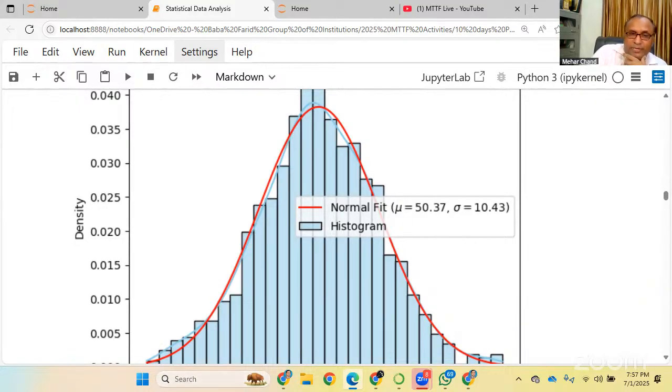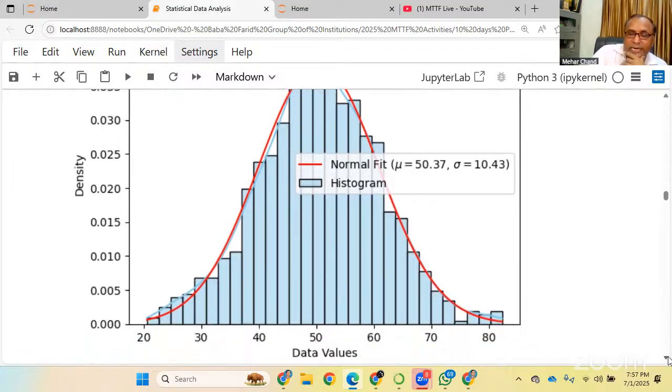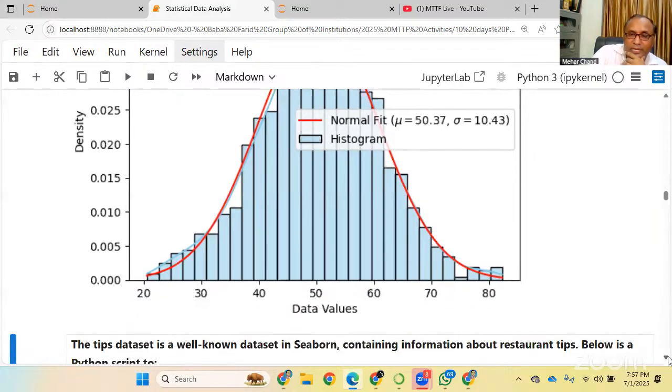So it depends upon how many bins are under this normal curve. According to that, we can easily study how accurately our data is distributed.